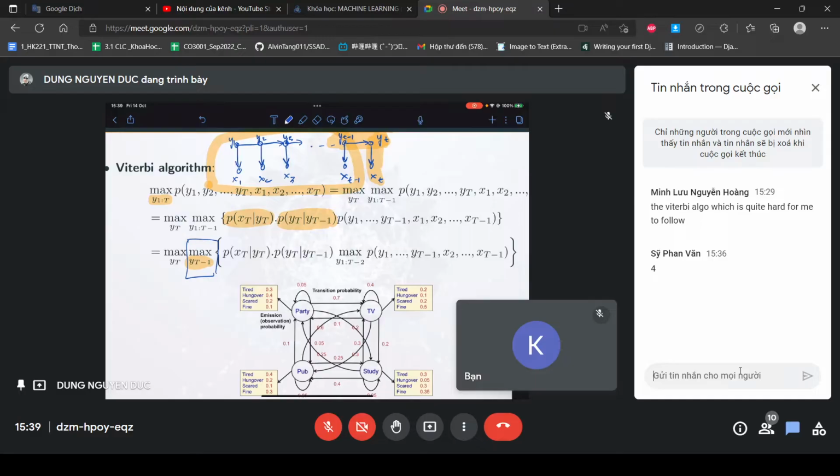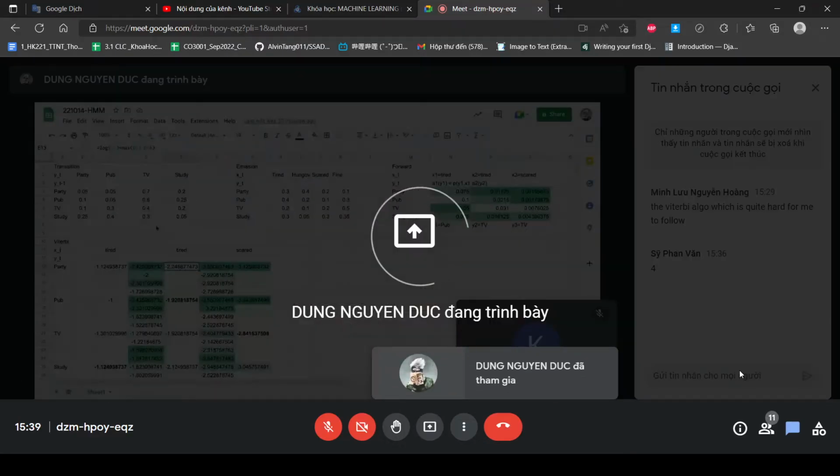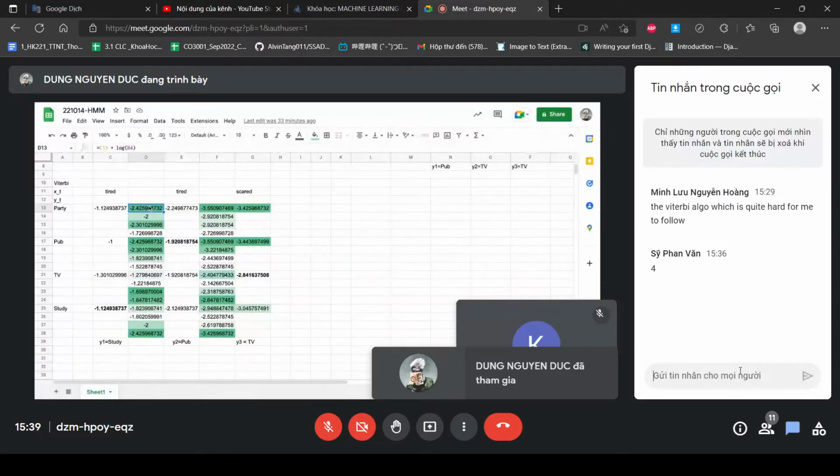So I choose the maximum among four possible combinations of yt minus 1 to yt. Then I pick the probability that maximizes over yt, so the max over those four values. If you observe the sheet I shared with you earlier, I can also share it right now. Now, if you take a look at the way I calculate, this is yt minus 1, right?